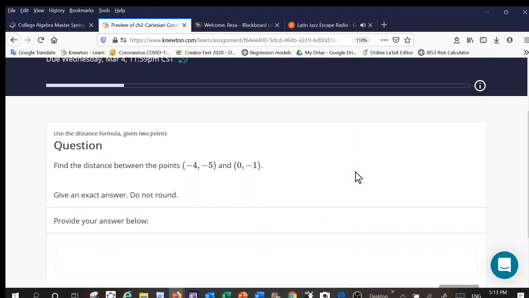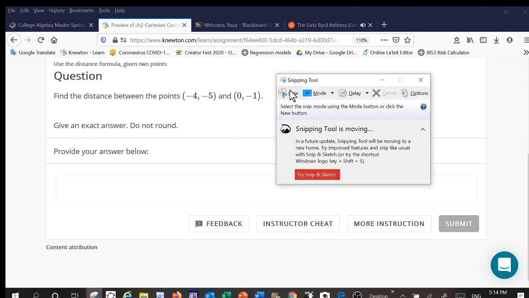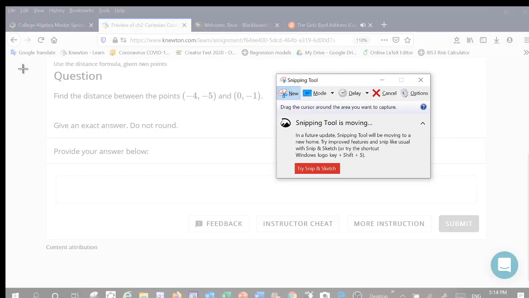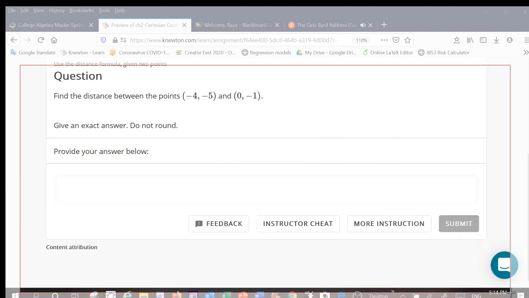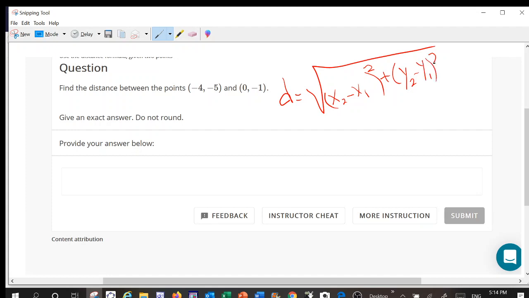It says find the distance between the 2 points. Well, we know about the distance formula. So let's get a whiteboard here. Now we know the distance formula is the square root of x2 minus x1 squared plus y2 minus y1 squared.